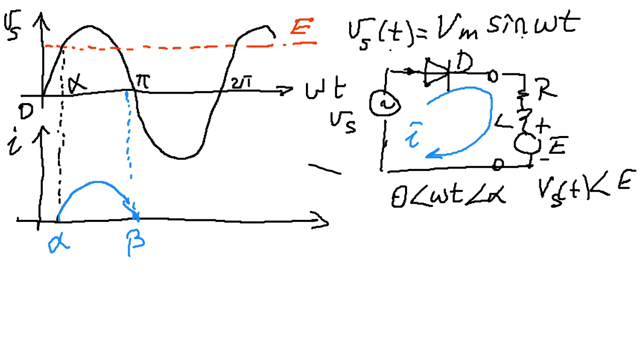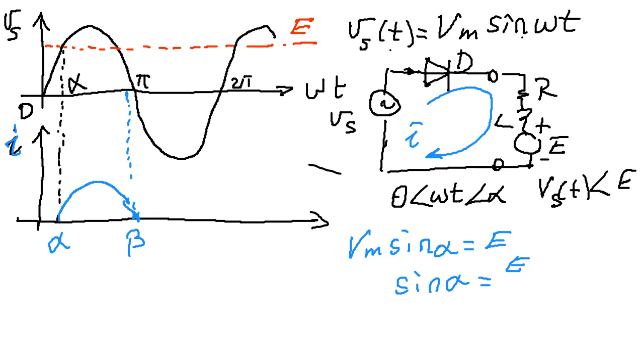Okay. Now, how could I find the current equation? Of course, first of all, I have to know when the current starts at alpha. If I write the equation here, Vm sine alpha is equal to E, so sine alpha is equal to E over Vm.